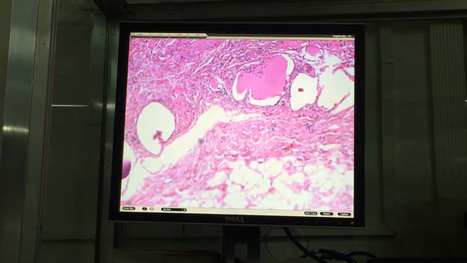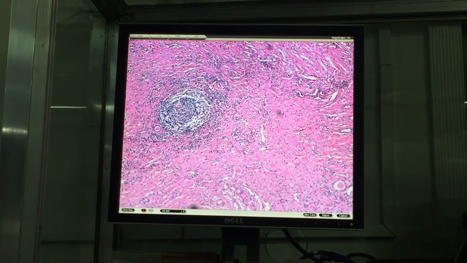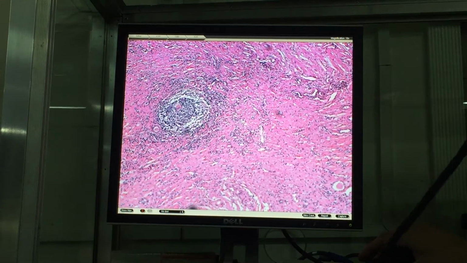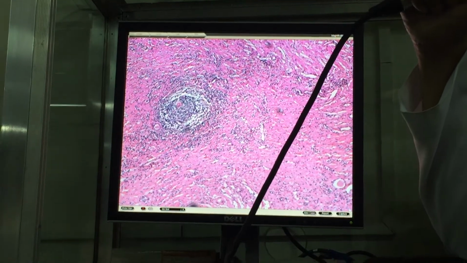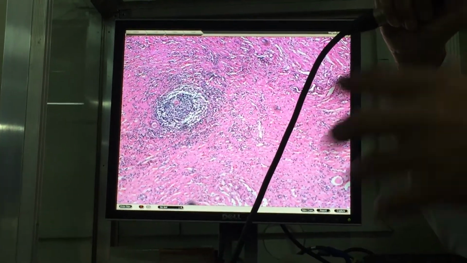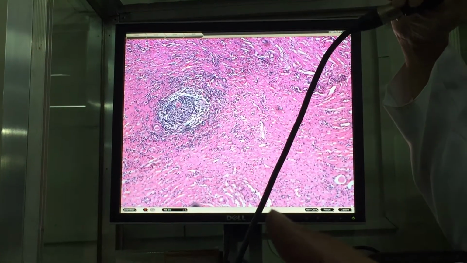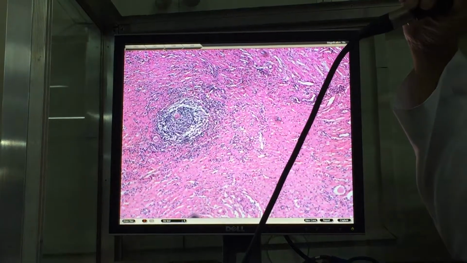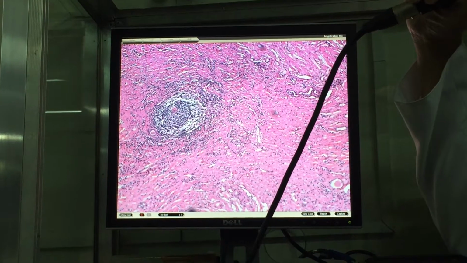And at the background, of course, this area here is made up of fibrosis. So, your chronic pyelonephritis, after hydronephrosis, there will be injury to your glomerulus and tubules, and destruction of many of your glomerulus and tubules, and will be replaced by fibrosis.